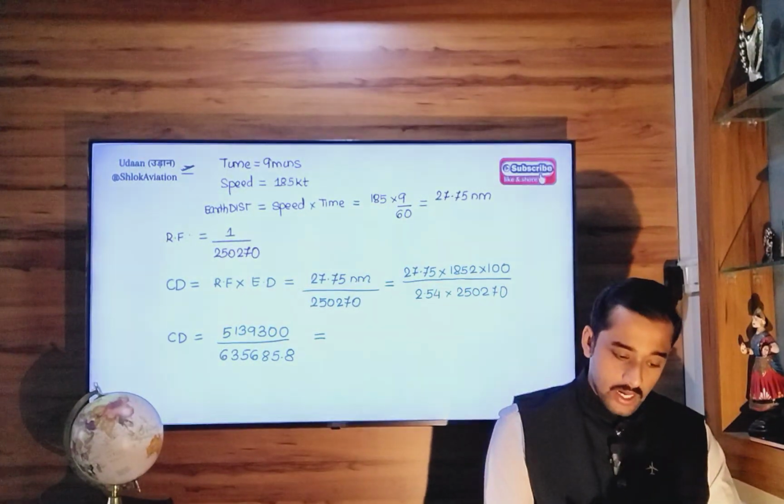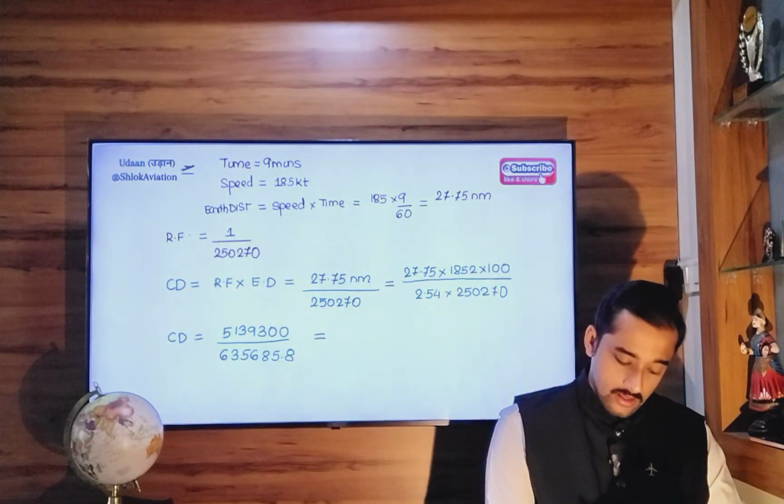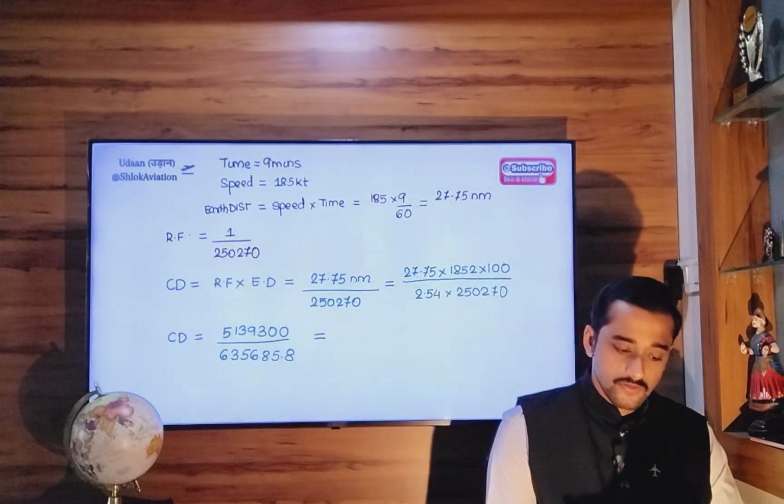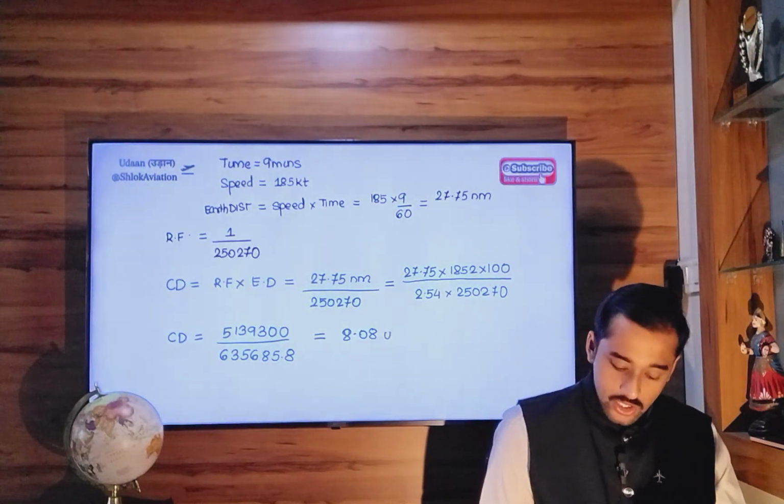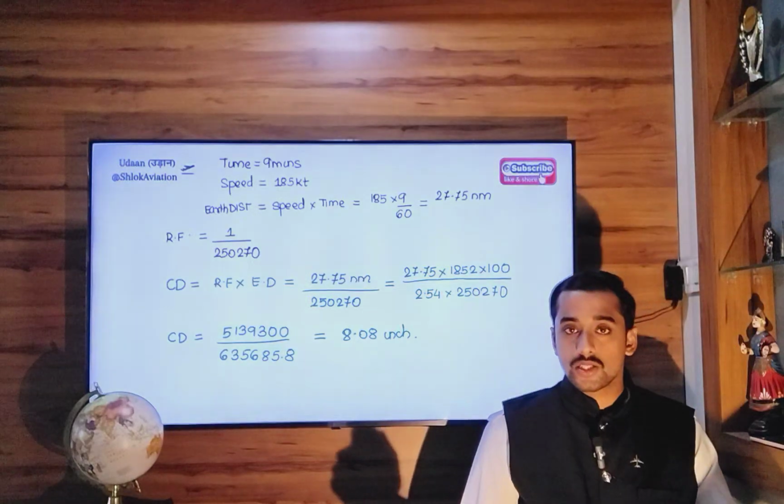Let's divide the numerator 5,139,300 by 635,686. You get your answer as 8.08 inch or 8.1 inches.